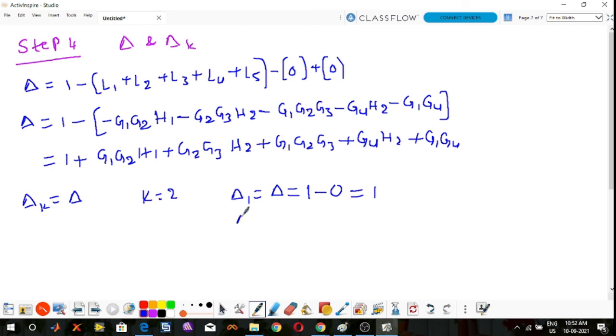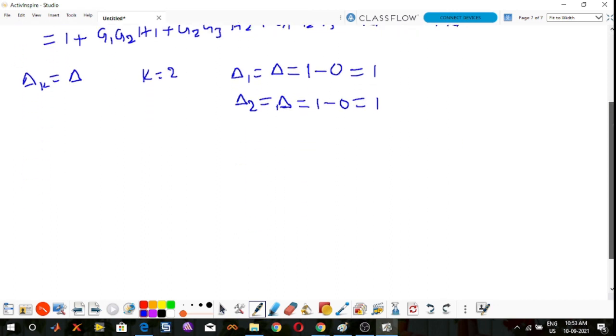For k is equal to 2, delta 2 is equal to delta for that part of the graph which is not touching the second forward path, which is 1 minus. Here also there is no part of the graph not touching the second forward path, so there are no individual loop gains. So delta 2 is equal to 1.